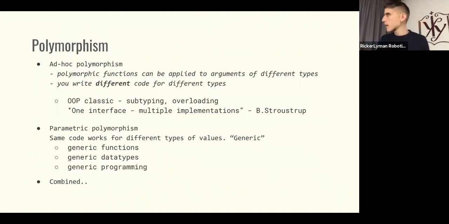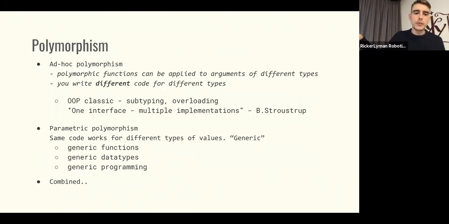The two main types of polymorphism I would emphasize are ad hoc polymorphism and parametric polymorphism. So this classic object-oriented polymorphism is one kind of ad hoc polymorphism. Ad hoc polymorphism basically means that polymorphic functions can be applied to arguments of different types.